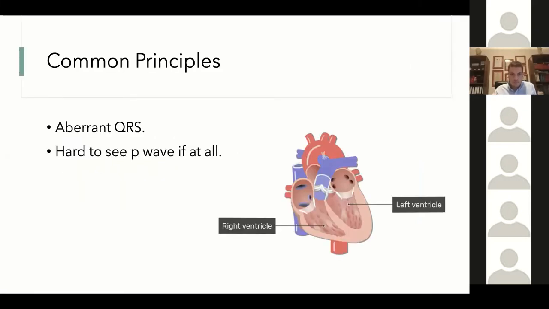So by now you should all be aware that anything that occurs due to a problem in the ventricles will present in an ECG with an aberrant QRS, since the QRS represents the ventricular depolarization. And it is true that there is a possibility that the P wave will be hidden due to the abnormalities that occur in the QRS.